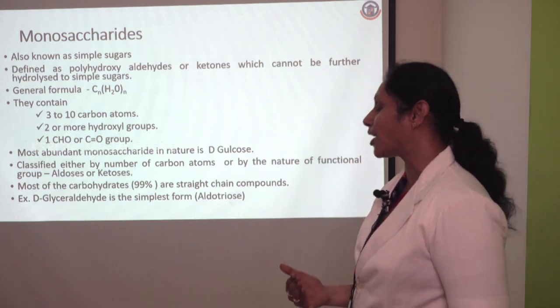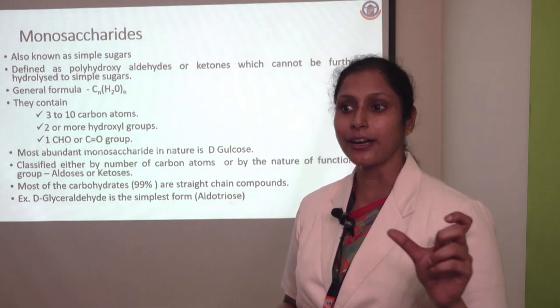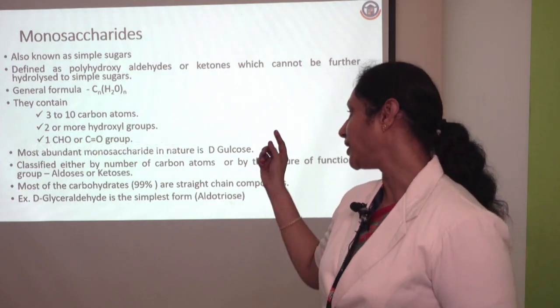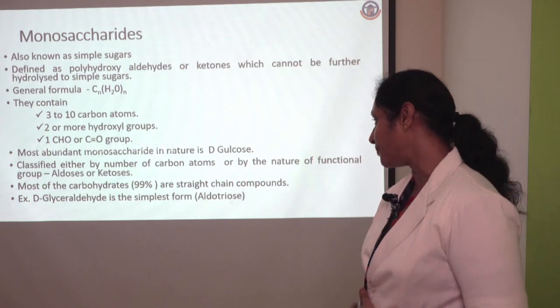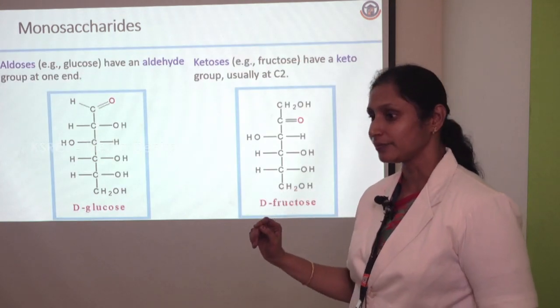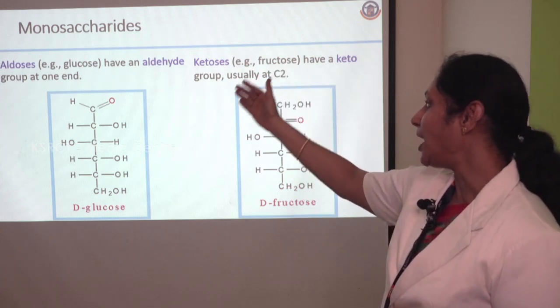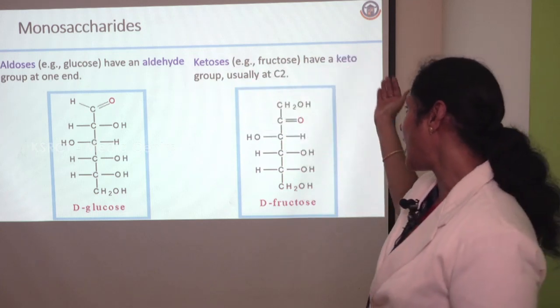Aldoses are carbohydrates which contain an aldehyde group as the functional group, and ketoses contain a ketone group as the functional group.